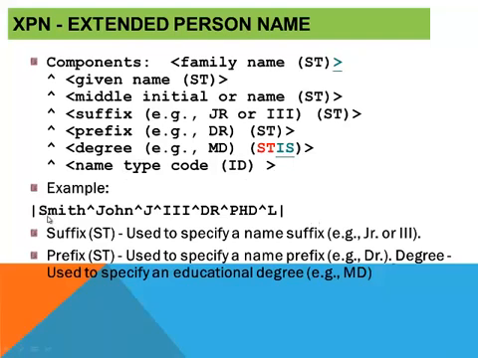So this is the example. For example, Smith is the family name, John the given name. This is the initial, this is the suffix, then this is a doctor. He has a PhD degree. Then the name type code is L.